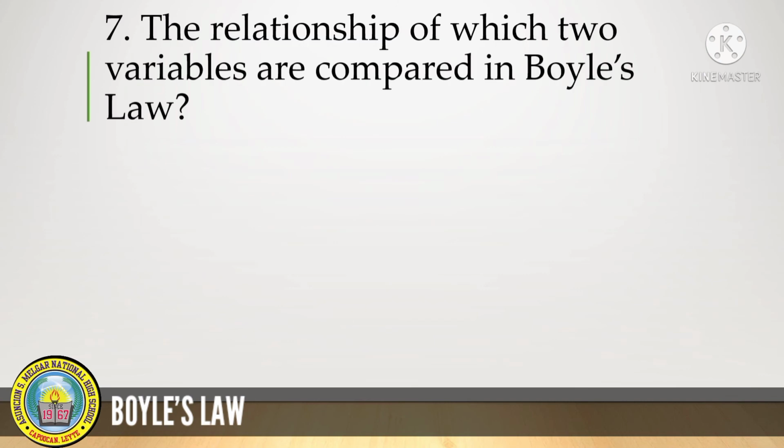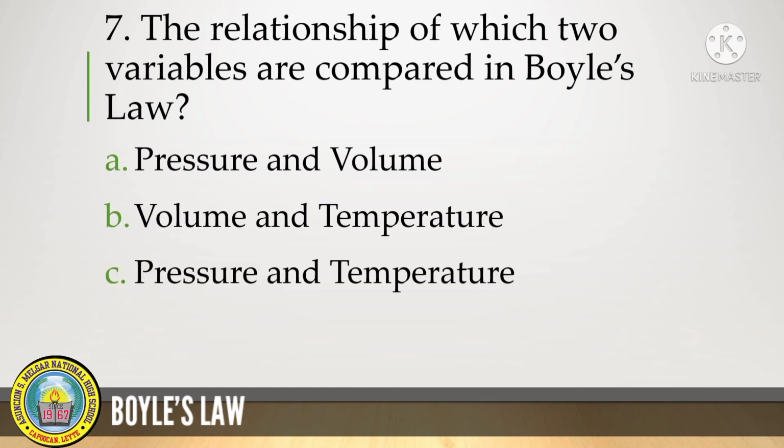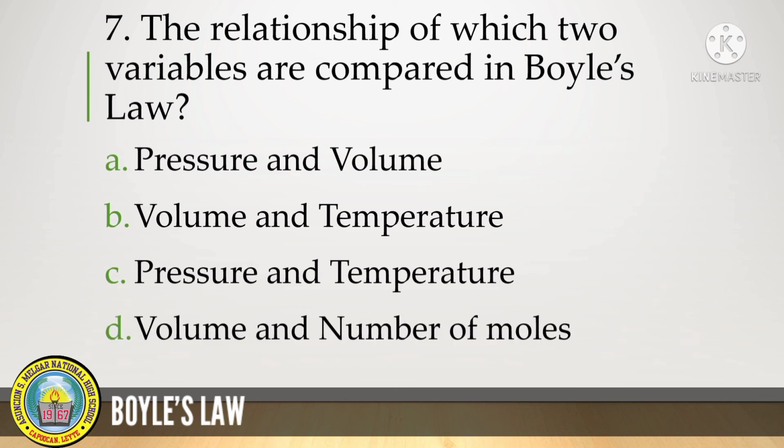Question number 7. The relationship of which two variables are compared in Boyle's law? A. Pressure and volume, B. Volume and temperature, C. Pressure and temperature, or D. Volume and number of moles?